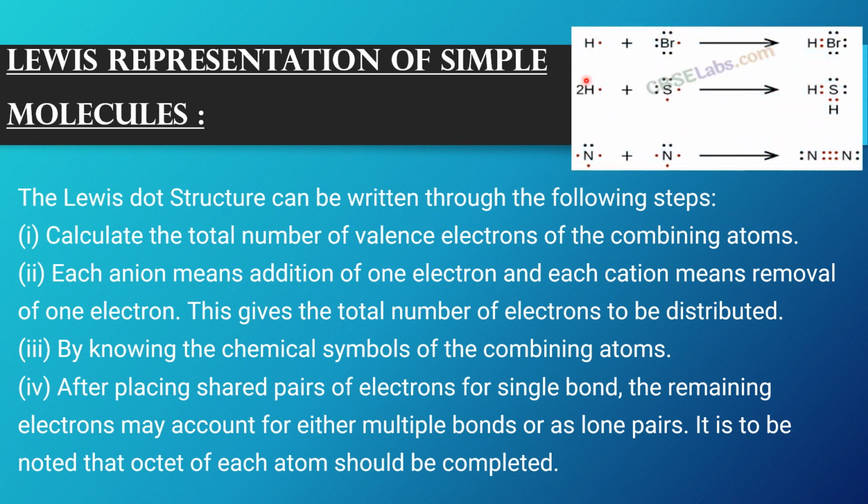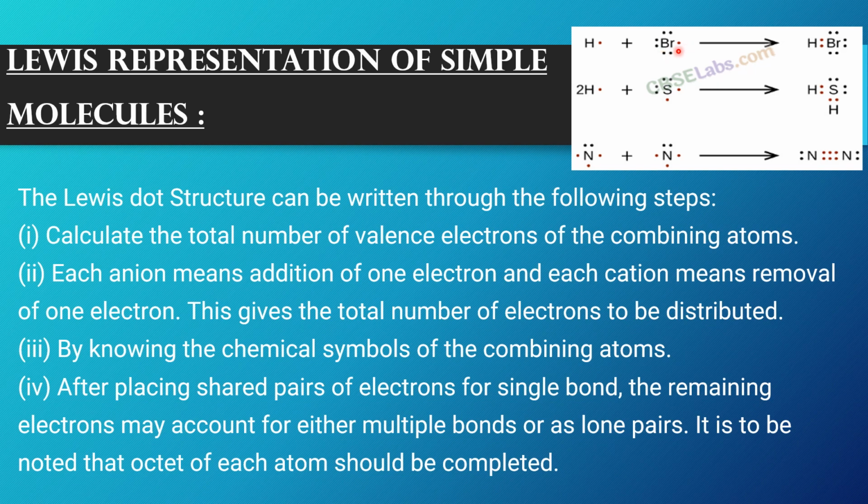Here we can see the molecule with hydrogen and Br, that is, one electron shared by the hydrogen and another electron shared by the Br. The dot represents the valence electron in the outermost shell of an atom.